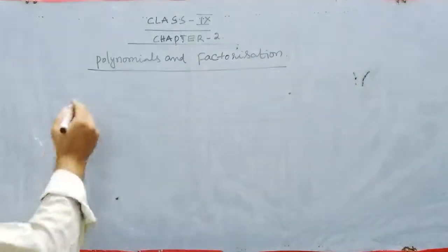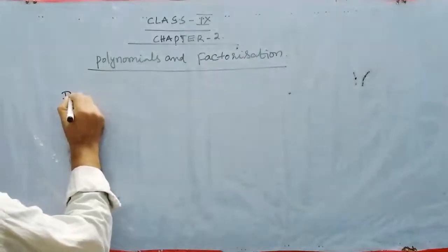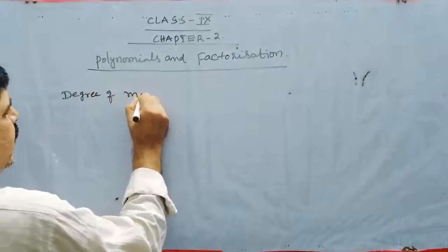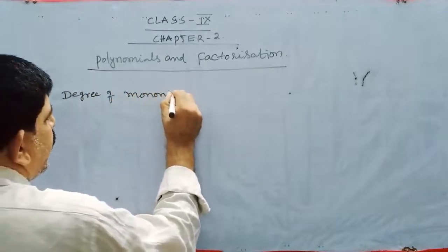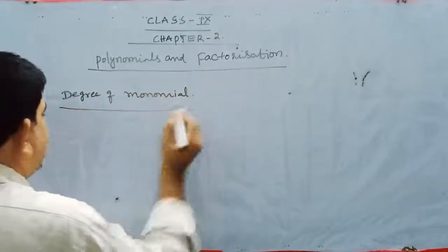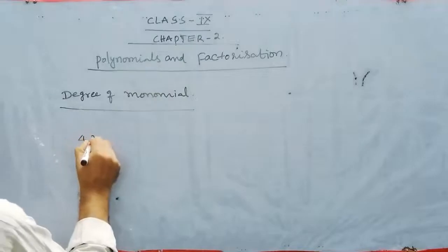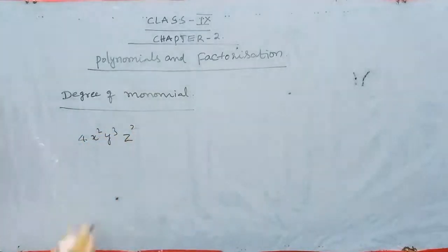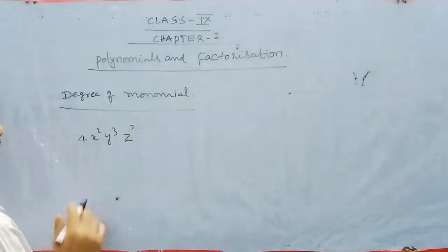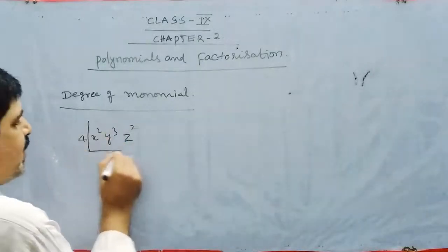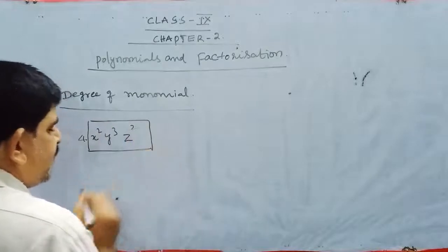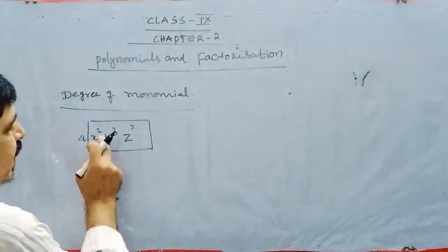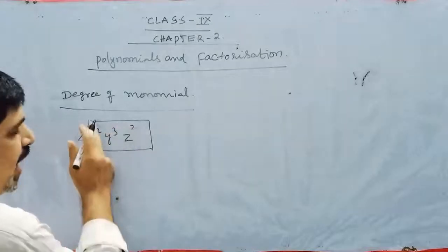Next one is degree of monomial. Suppose 4x square y cube z square, right? Degree of monomial means we have to take the powers of the variables. First we have to take the powers of the variables. Next, add the powers.